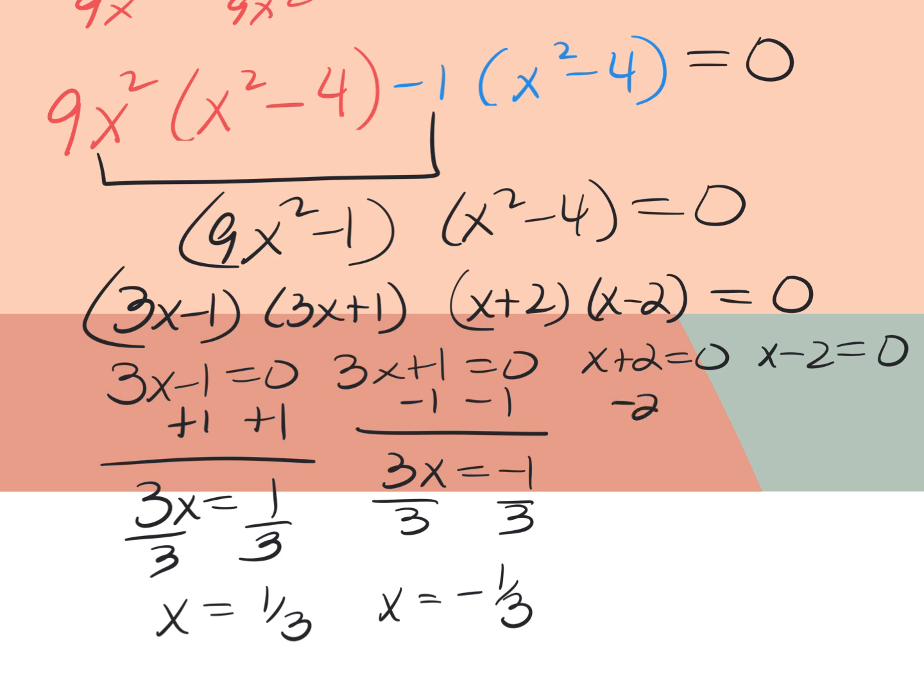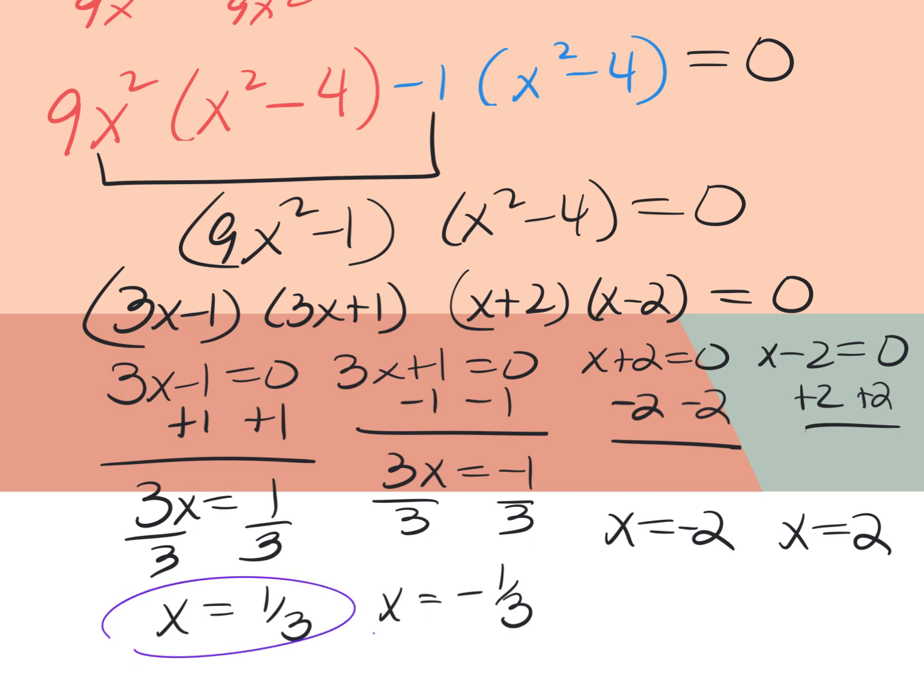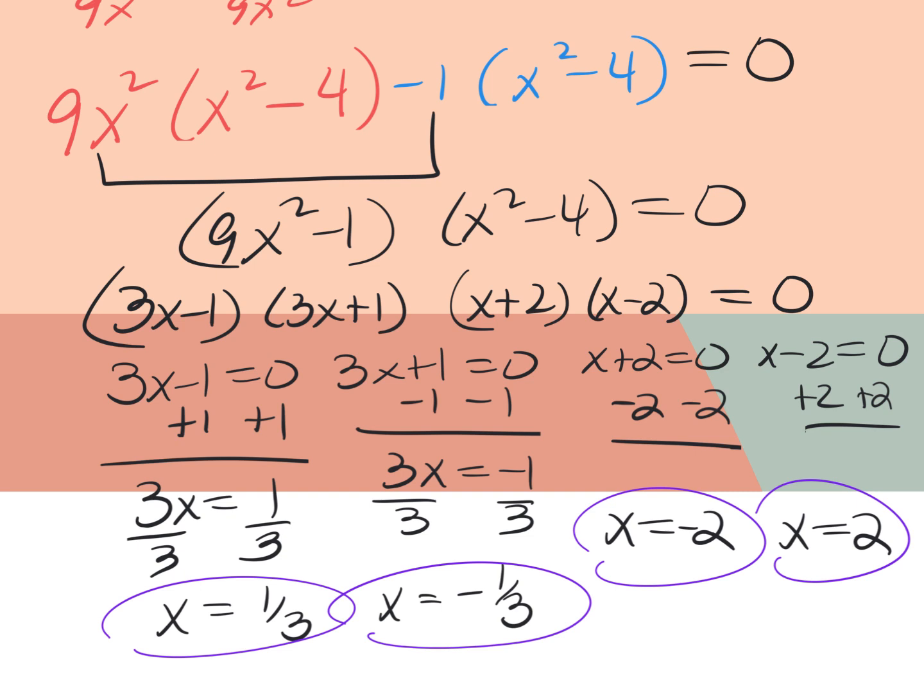Over here, subtract 2, x equals negative 2, add 2, and x equals positive 2. Again, you could have used the square root method. You could have added the 1 and then divided by 9 and then square rooted it. Either way. So these are your four answers after factoring that trinomial.